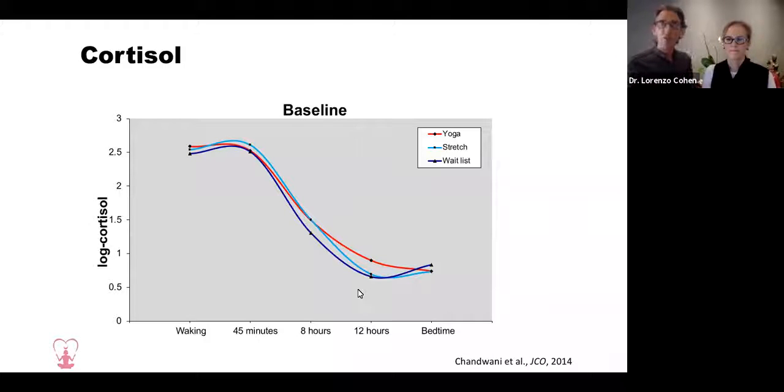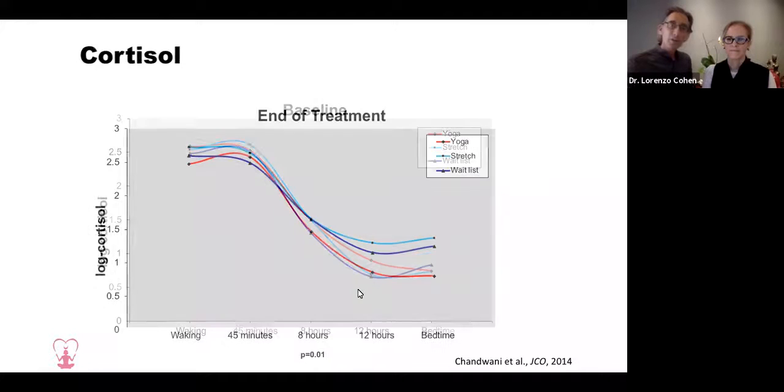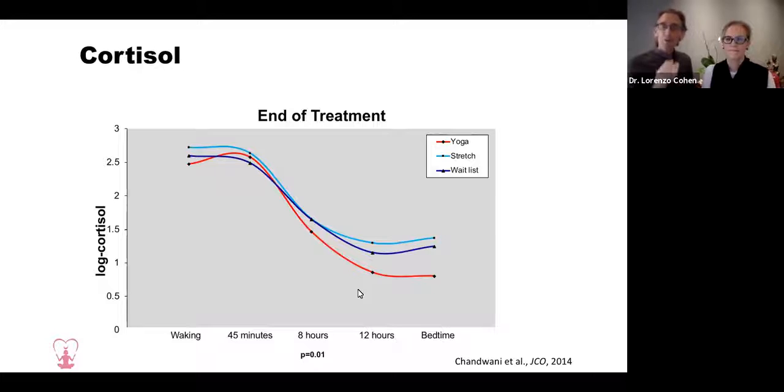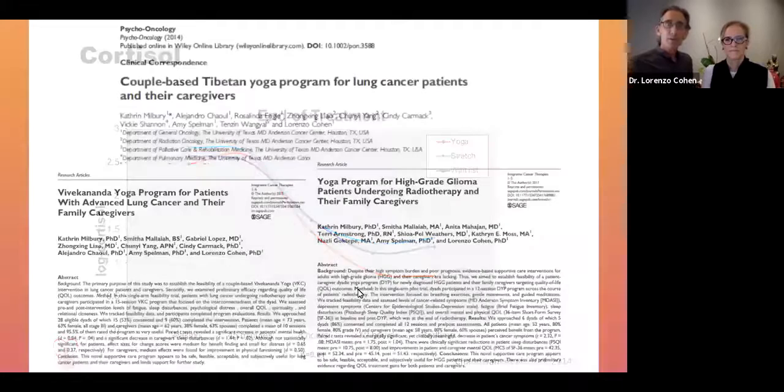The same has been shown in breast cancer patients, lung cancer patients, and others. Here we see a steeper slope, a better cortisol regulation, if they were in the yoga group compared to both the other groups at the end of treatment as well as 1 month later. So not only are patients feeling better, but they have better stress hormone regulation.